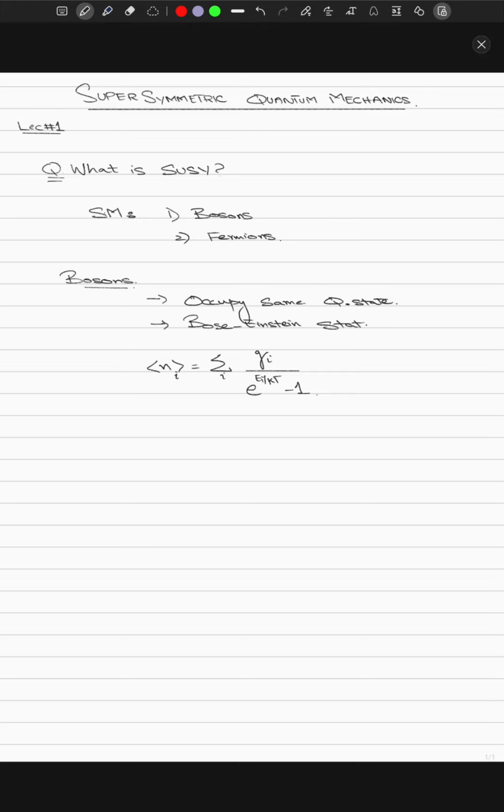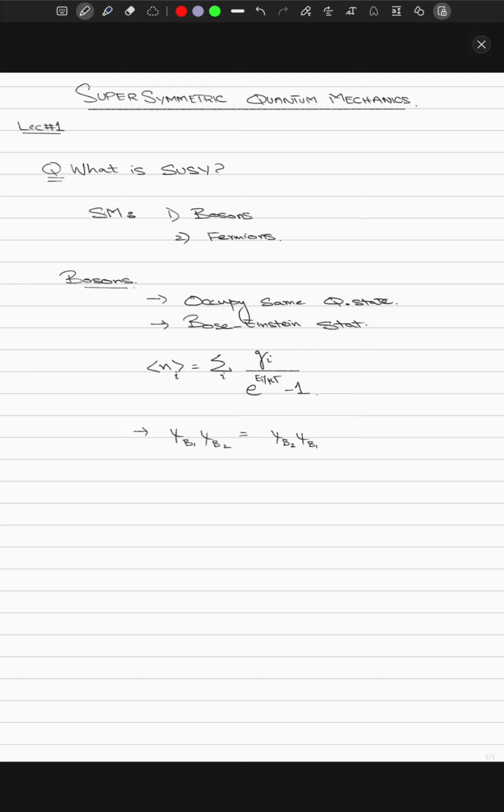And so if I were to write the bosonic wave functions, for example, let's say that you have a bosonic wave function psi b1 for boson 1 and psi b2 for boson 2. If I were to interchange these bosons, you would have the same thing, psi b2, psi b1. So there is no change of sign, right?